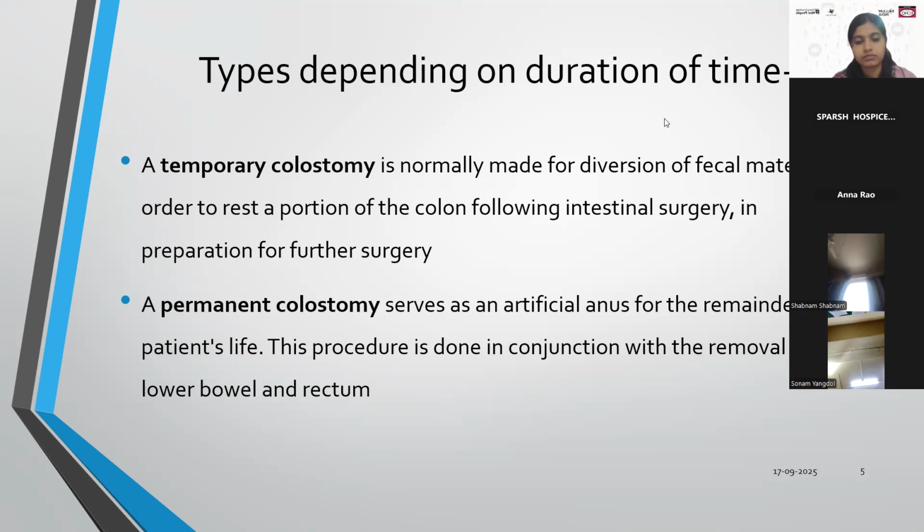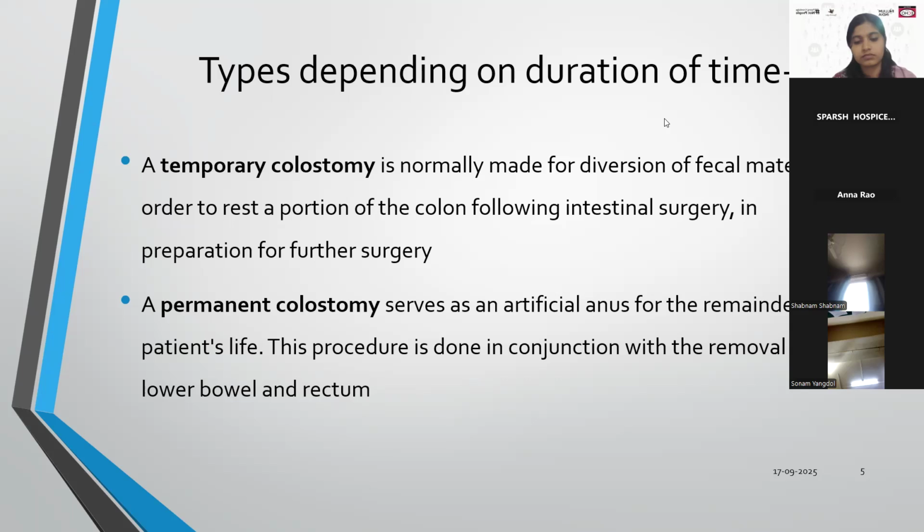Now the loop of bowel is pulled out in this case onto the abdomen and held in place with an external device. Here one part is for the release of the stool, and another one is for removing the mucus.